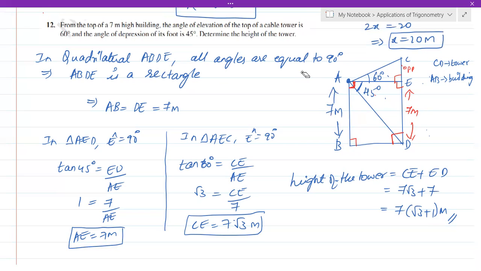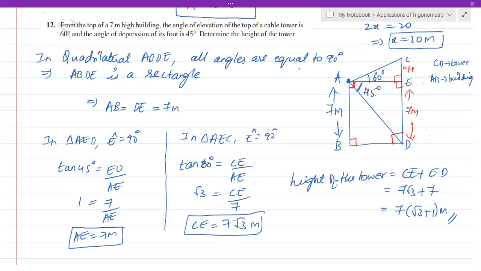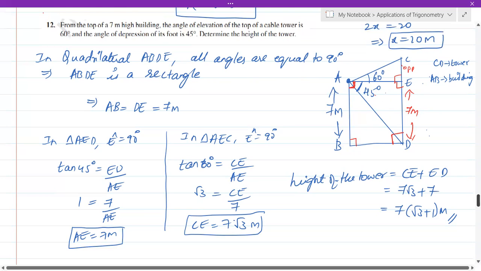AE is the common side. In triangle ACE, find AE. In triangle AED, find AE. Equate them and you'll get the answer. You can also do it like that.